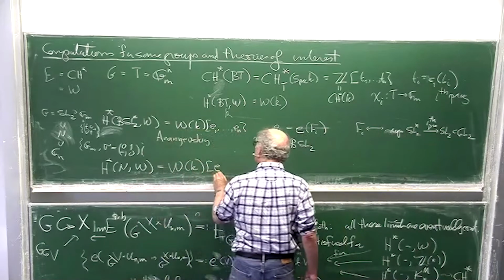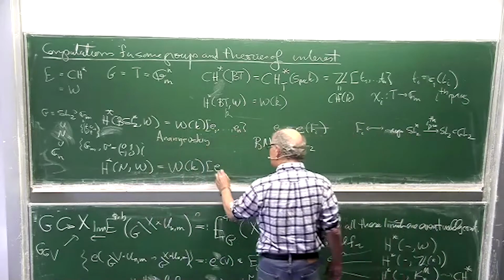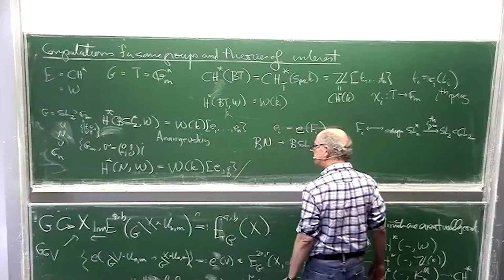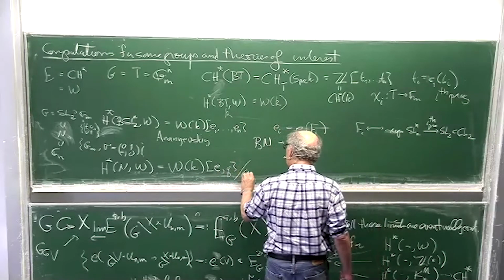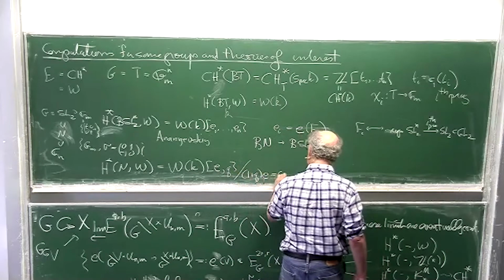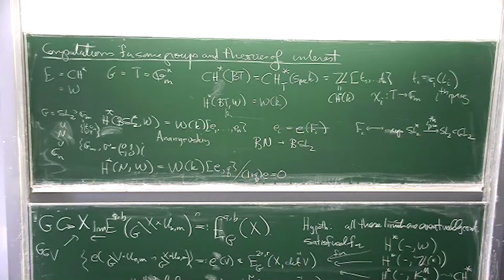You have this Euler class E, the pullback of the Euler class coming from here, and then you have one extra element Q, which is in degree 0, satisfying the following relation: 1 plus Q times E is 0. It only shows up in degree 0. This is sort of a global quadratic formula.